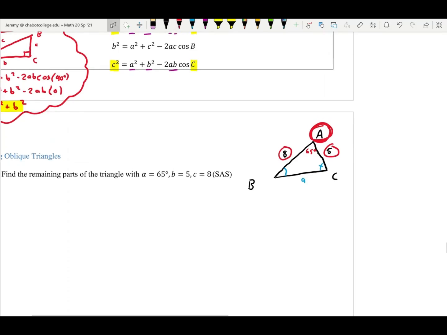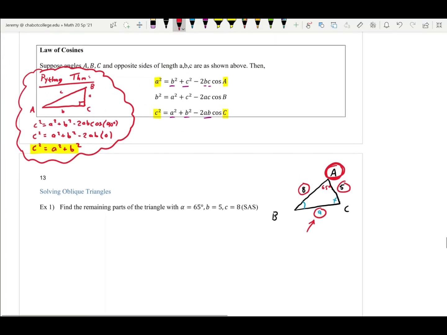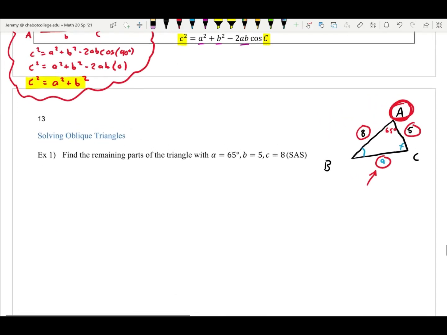And the other value that is involved in the formula is this side length, which is opposite to the given angle. So really, what I'm going to do first is I'm going to solve for this side length a. So I'm going to use this first installment of the theorem, because that side length a is what I'm looking for, and it's isolated on one side of the equation. So let me show you how this is going to work out.